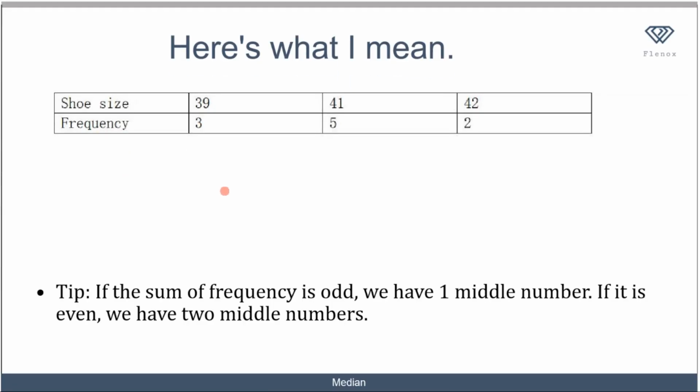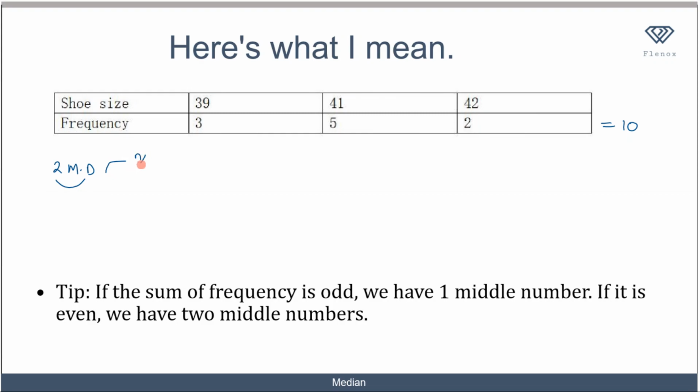Let's go back to our previous example. The total number of frequency here, 5 plus 3 plus 2, is 10. So I know that there are 10 numbers in this distribution. And what does that tell me? It tells me that I'm going to have two middle numbers. What are those two middle numbers?